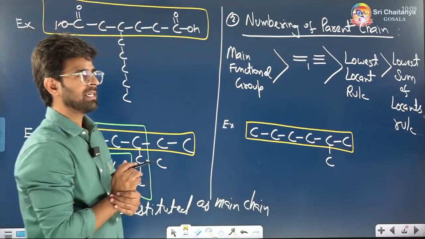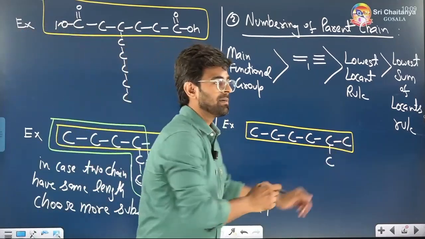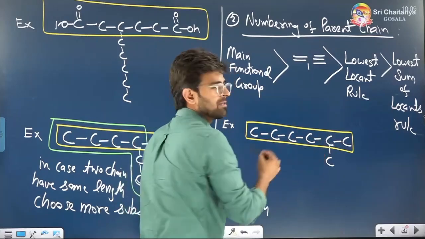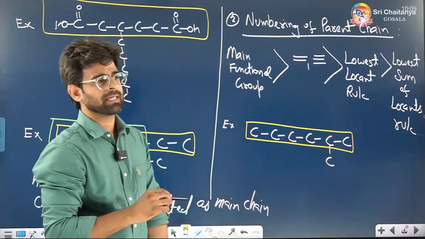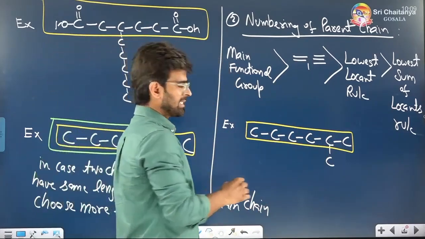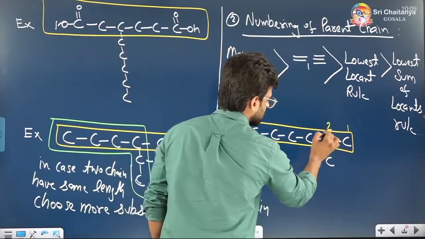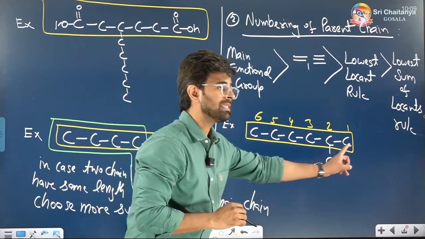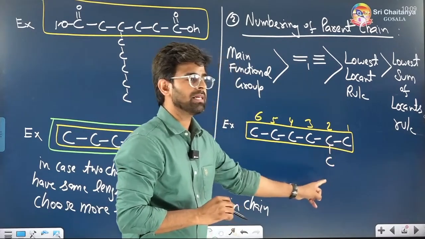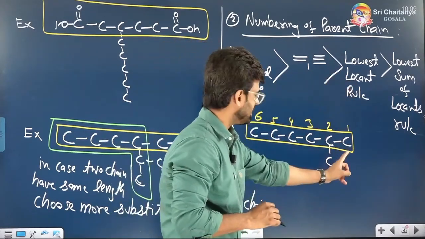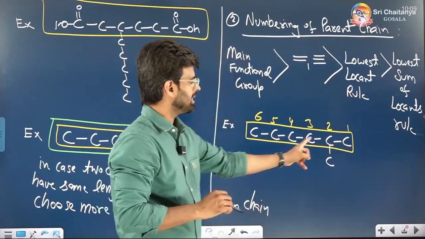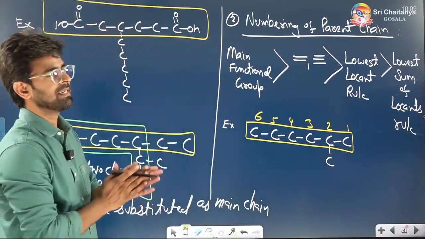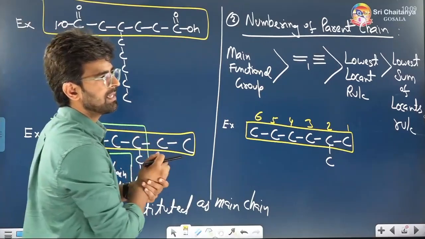My locant is coming at which location? 2. 1, 2, 3, 4, 5. From which end should we do numbering? Very good, right. 1, 2, 3, 4, 5, 6. Because it is coming at the lowest locant, it is coming 2. From here I am getting 5. Lowest locant rule. Very good.